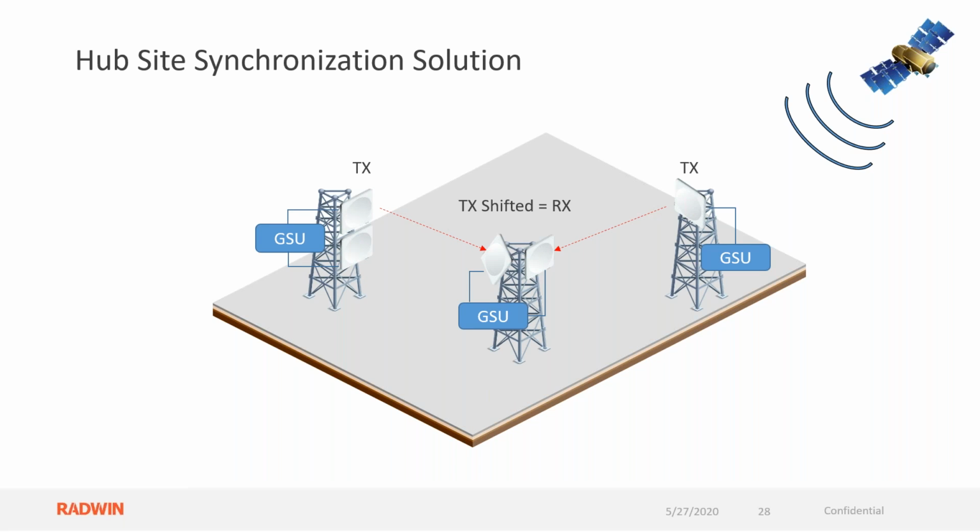Now, to avoid interference, I need to guarantee that on the second tower all the units will be receiving. There is a solution: to get the clock from the GPS unit, the GSU. We can say the GSU is transmitting. It transmits on the first tower, on the second tower, and on the third tower. However, on the second tower, I will shift the TX phase so that it becomes RX.